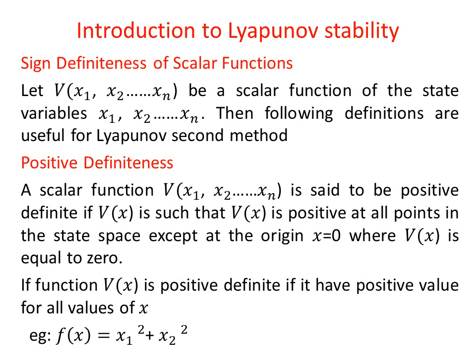For other values of x, positive and negative, v of x becomes positive. For example, f of x is equal to x1 square plus x2 square. If we put any positive or negative value for x1 and x2, f of x is always positive. So this function is a positive definite function.